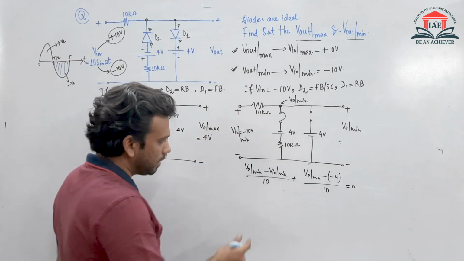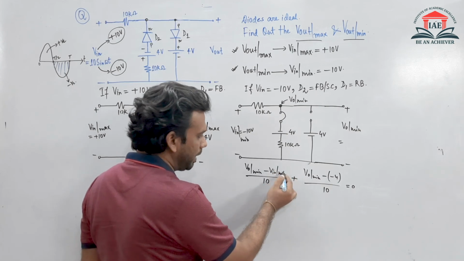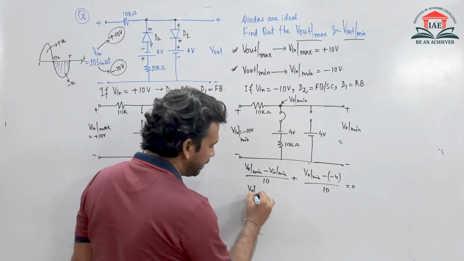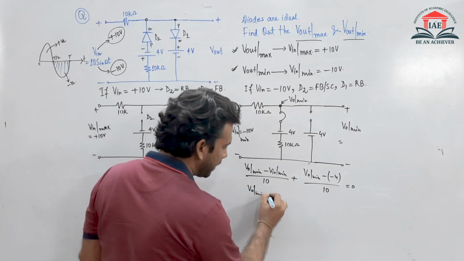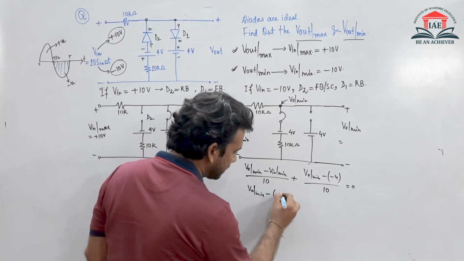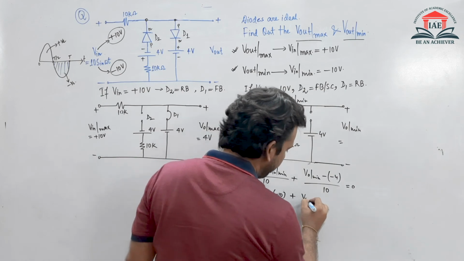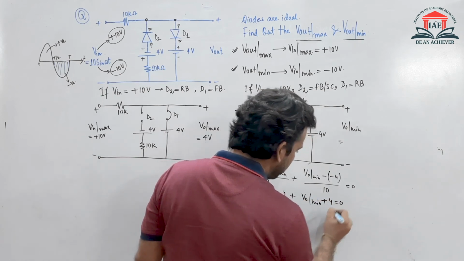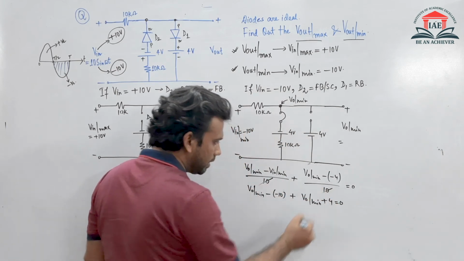So from this, मेरा जो ये V input minimum है ये क्या है, V input minimum -10, so you can say that V0 minimum minus of -10 plus V0 minimum plus 4 is equal to 0 because we have cut this 10.